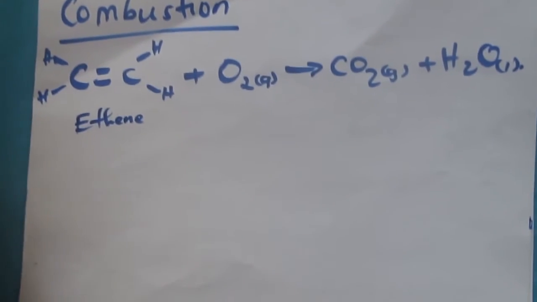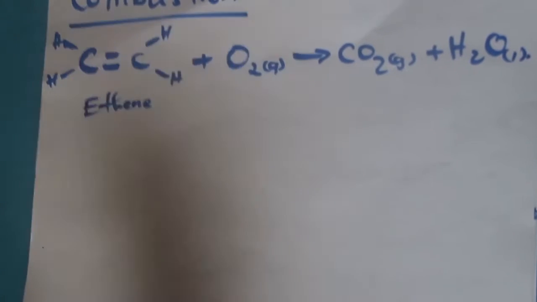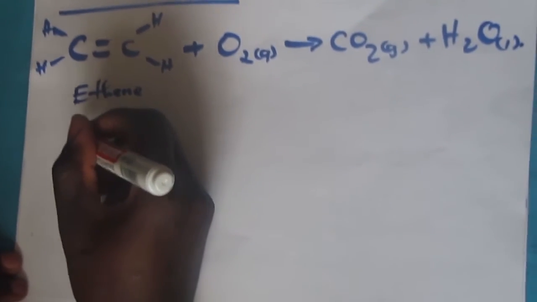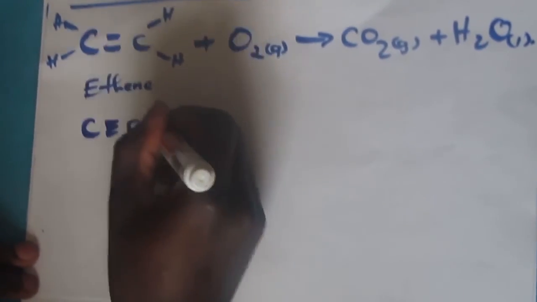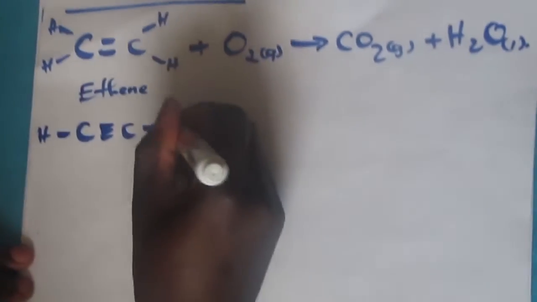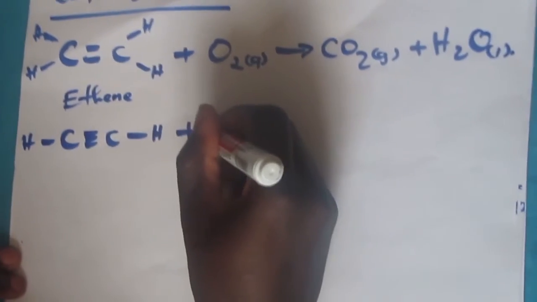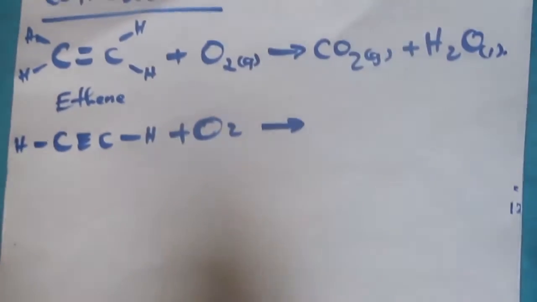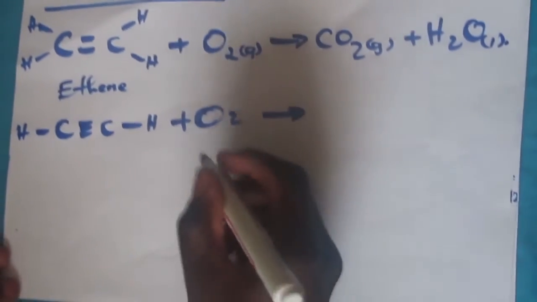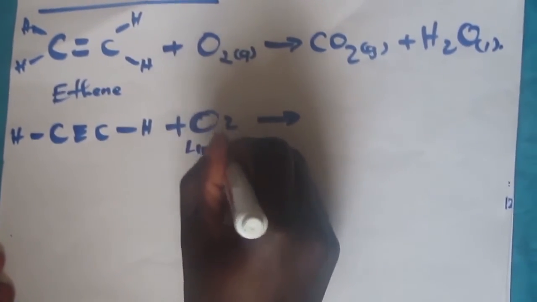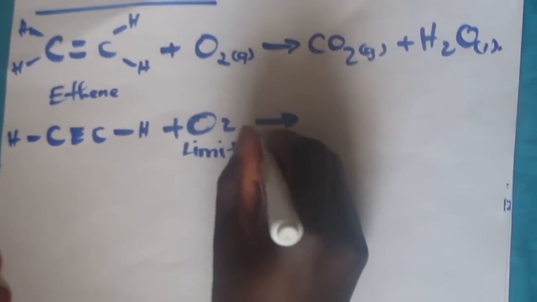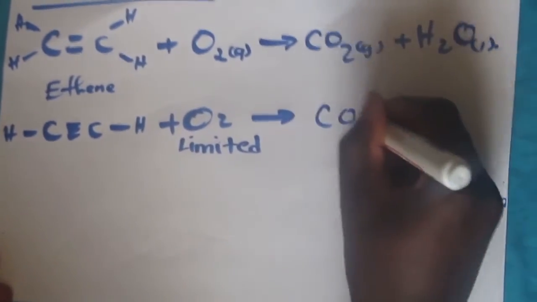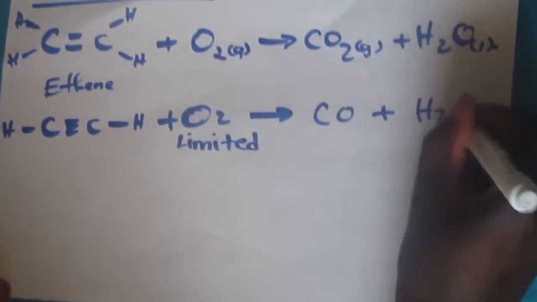The same thing happens to a compound like alkynes. Let's take a compound like ethyne. Now, when you react it with oxygen, here the products depend on the amount of oxygen. Now, if we take oxygen in limited amount, you will end up getting carbon dioxide plus water.